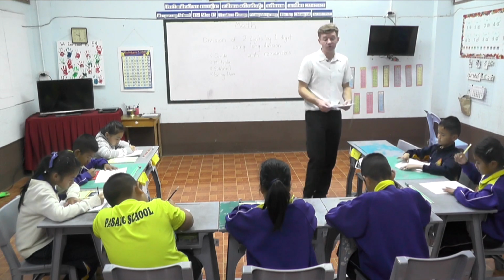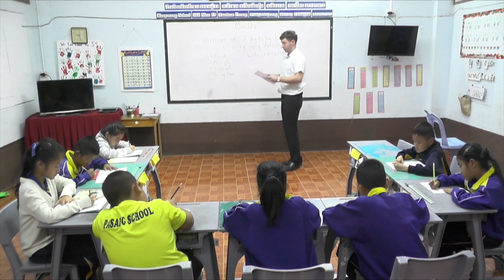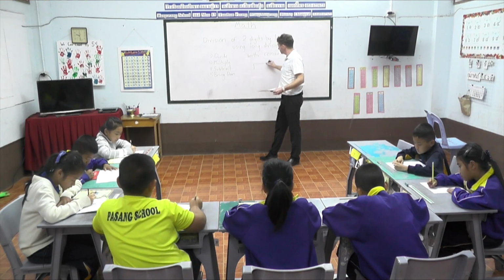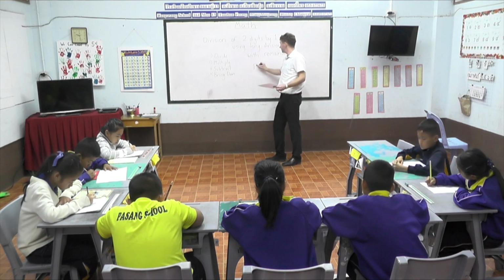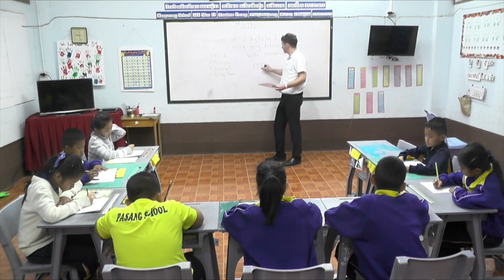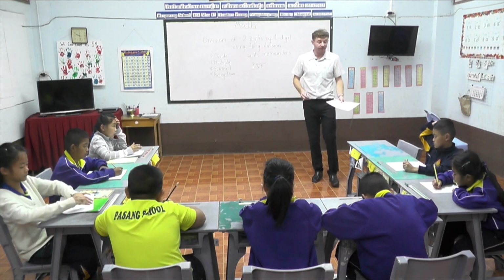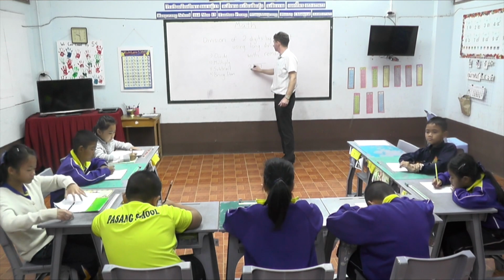Okay, so names on top first, guys, and let's do the first one together. So we'll all draw our division table like this. And the first problem is 37 divided by 2. Okay, so let's do the first one together.